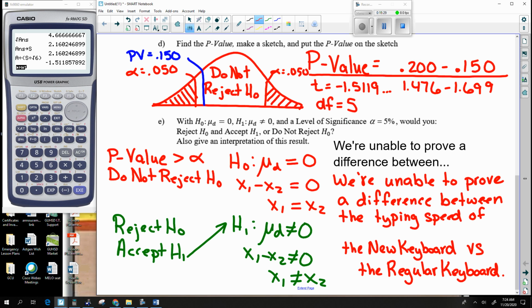So we're unable to prove a difference between the typing speed of the new keyboard versus the regular keyboard. There's probably a difference, but we just need to either change our sample or get more information, but we can't prove that there is a difference right now.